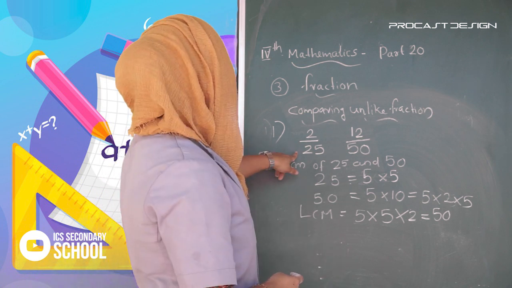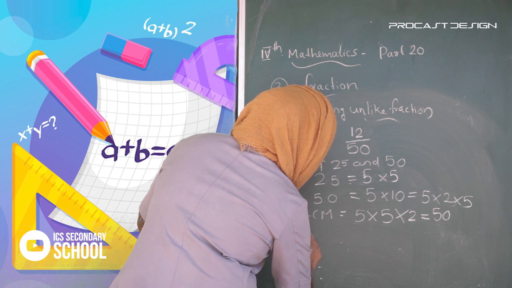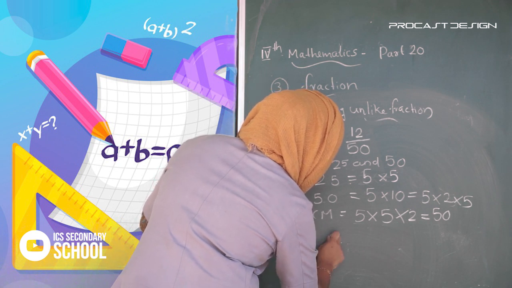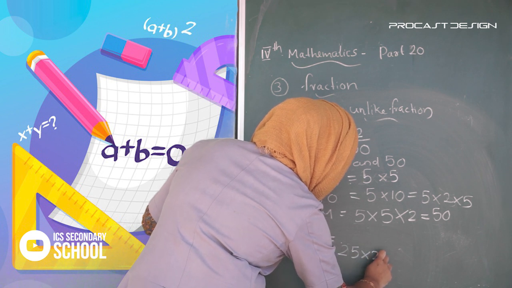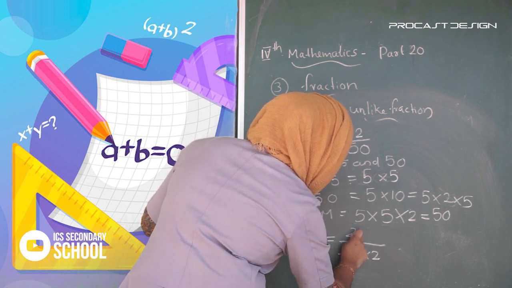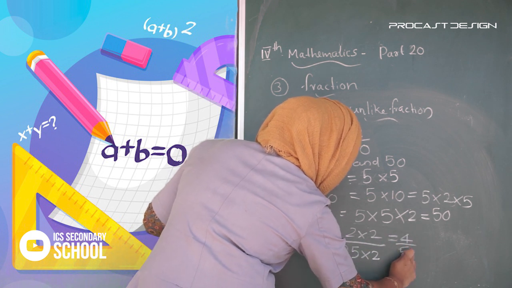So here 12 by 50, the denominator is already 50. Change the denominator of 2 by 25 to an equivalent fraction with 50 as denominator. We multiply 25 into 2 to get 50, so 2 into 2 is 4 by 50.